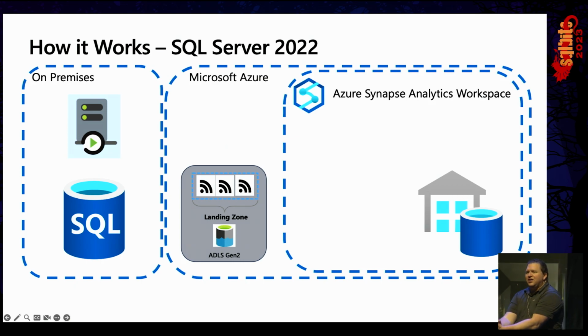Self-hosted integration runtime. This should feel very familiar to anyone who has used Azure Data Factory or Synapse pipelines. It is the same component with a little bit of a difference in the way we use it. If you're using it for ADF pipelines or for Synapse pipelines, the integration runtime does the work for you.